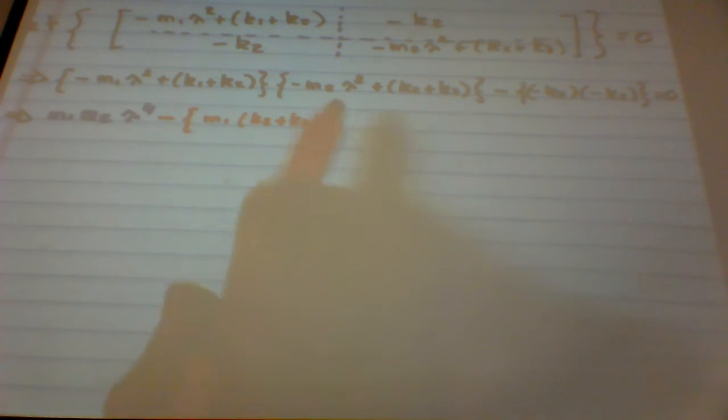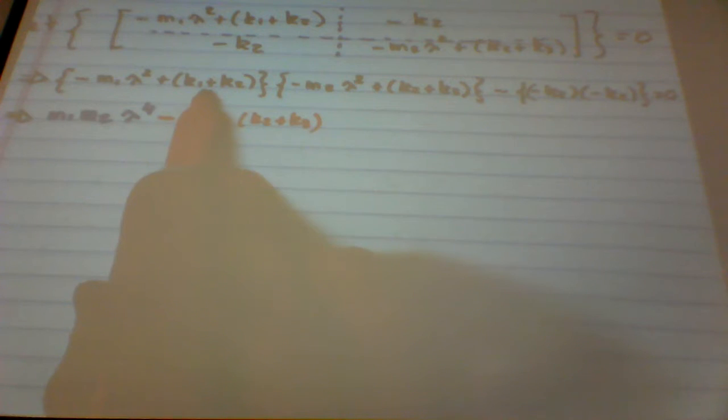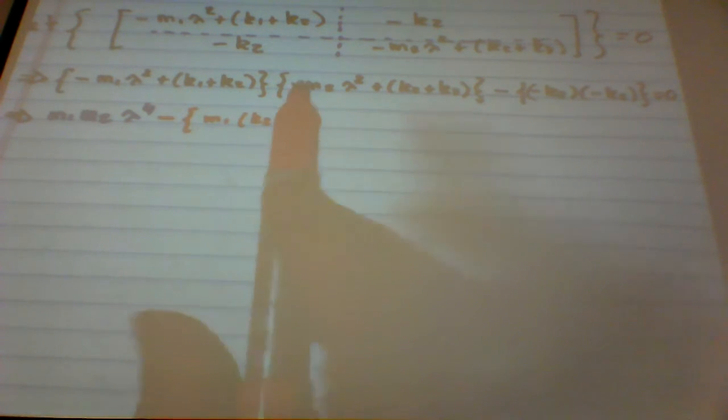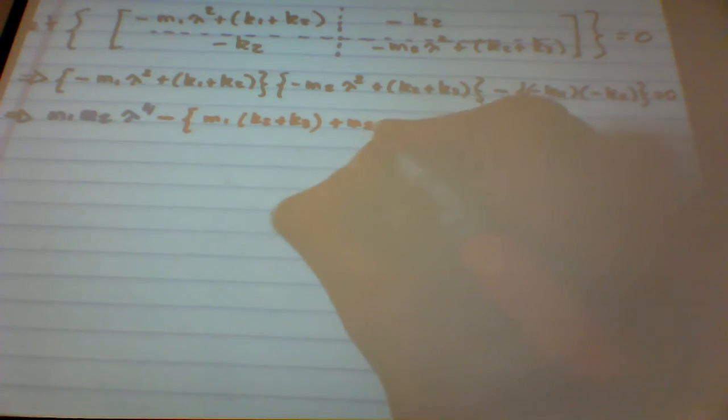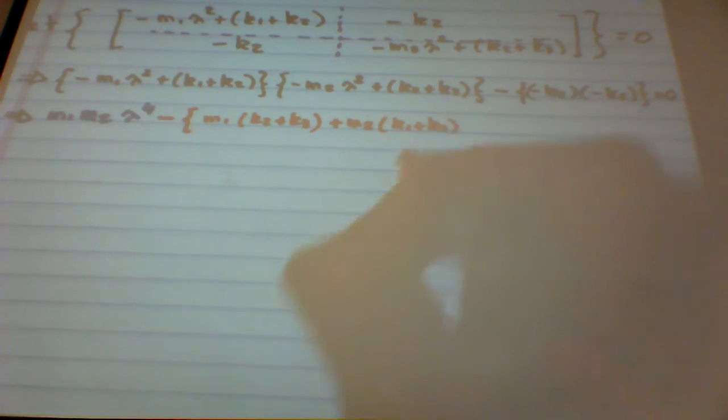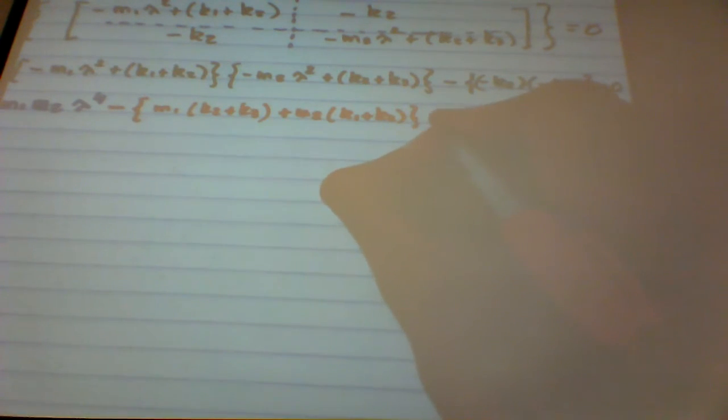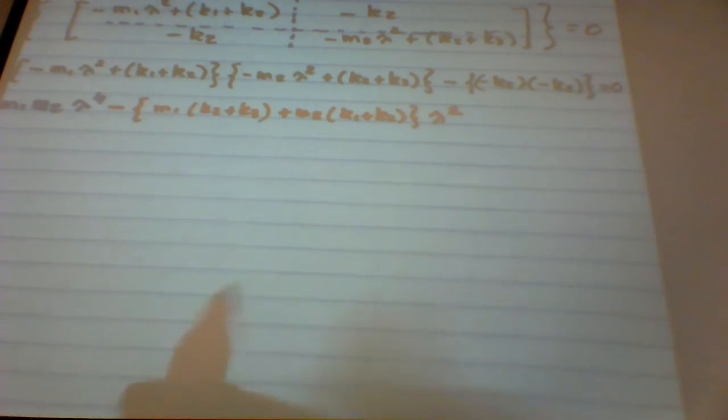And then the other one would be this one times this one, so plus m2 times k1 plus k2. Anything else for lambda squared? No.